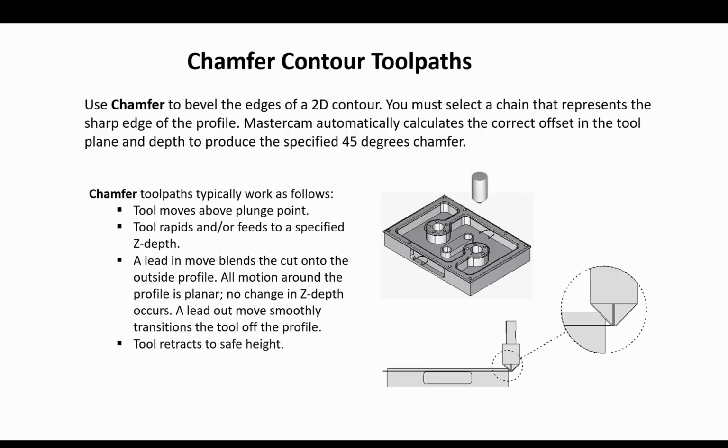Tool moves above plunge point, tool rapids and/or feeds to a specified Z depth. A lead-in move blends the cut onto the outside profile. All motion around the profile is planar, no change in Z depth occurs. A lead-out move smoothly transitions the tool off the profile. Tool retracts to safe height.